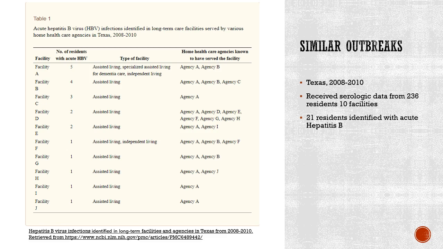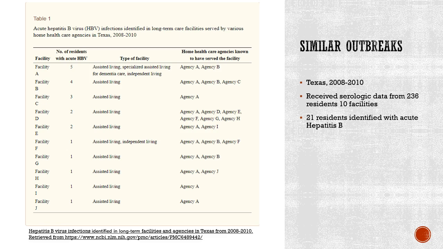After 2 years of collecting serological data, 21 out of the 236 residents were infected with hepatitis B. Genomic sequencing of the hepatitis B virus showed 99% homology, so all the infected patients had a similar hepatitis B virus. This suggested that transmission could have occurred throughout the facilities, or in between the facilities.